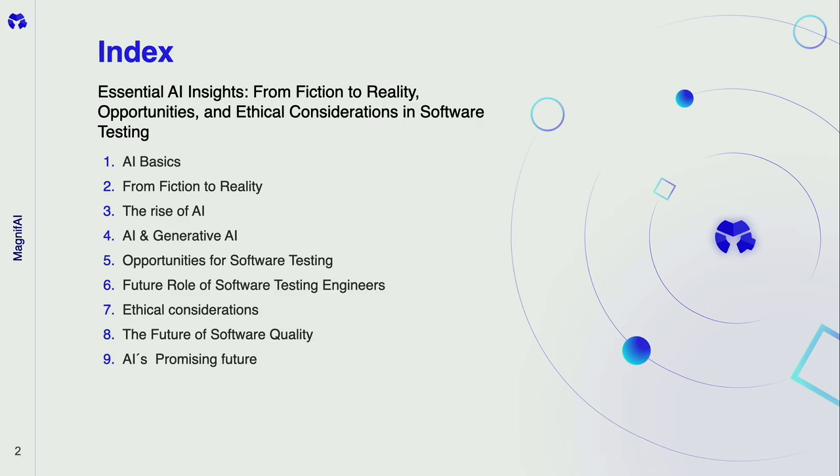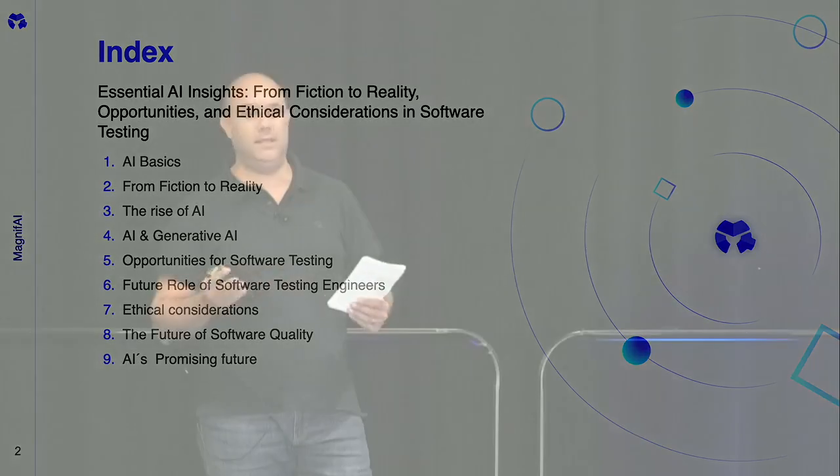We're also going to take a look back and see where we are coming from, understand where we are at this time, and what we can expect from the future. But the main idea of this presentation is to get a little bit deeper into what AI means for the software testing industry. That's the very basic goal of this chat.